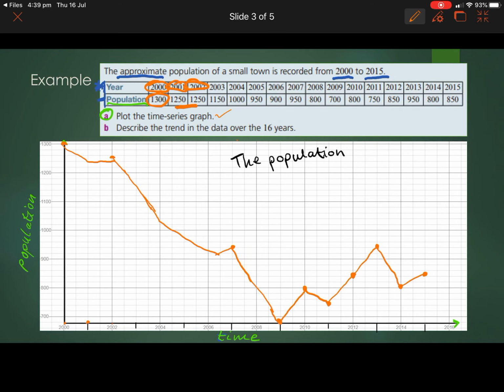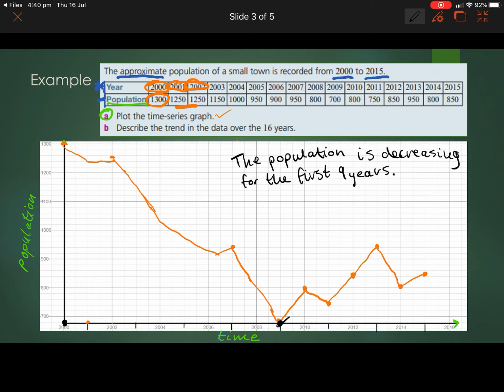So it's going down. The population is decreasing. If you're going from 2000, it keeps decreasing until here, but see how it starts to go up? It's decreasing until 2009. So what we can say is decreasing for the first 9 years.